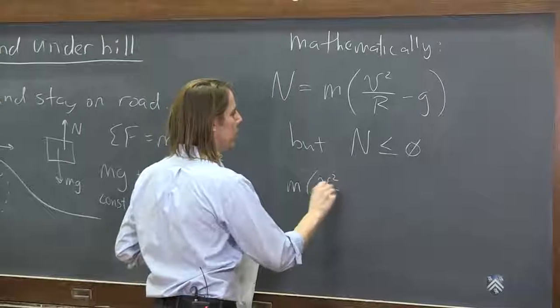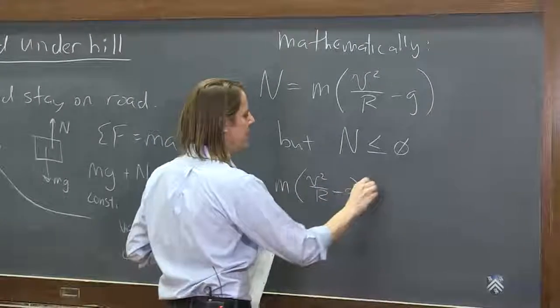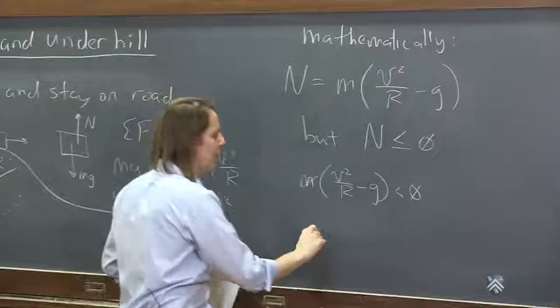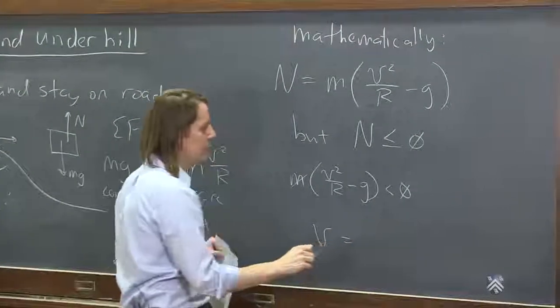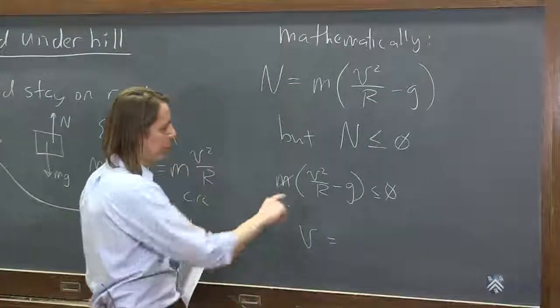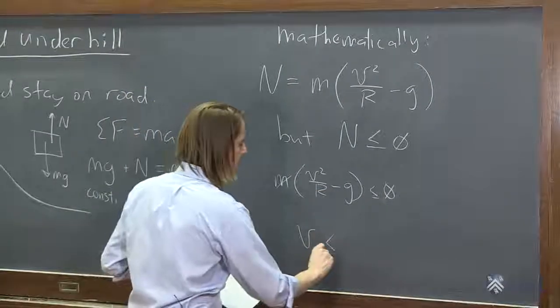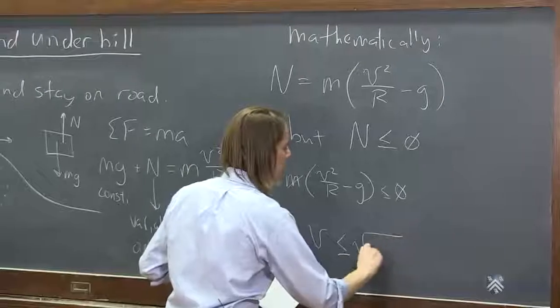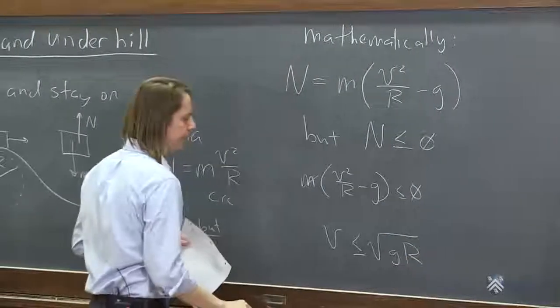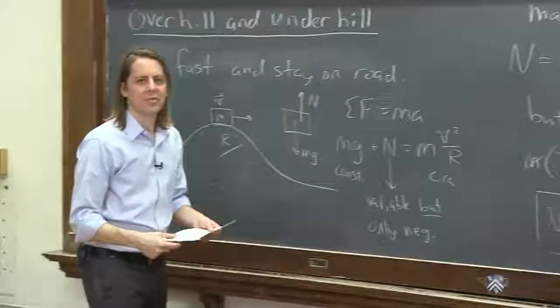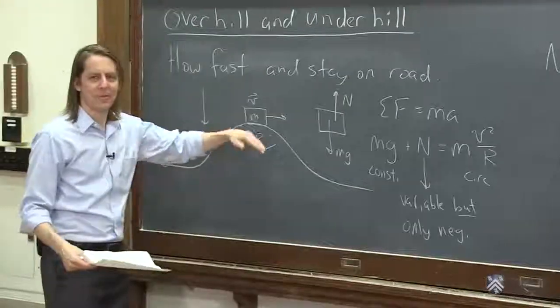m times (v squared over r minus g) must be less than or equal to 0, so the mass goes away, this goes over there, and you find that v, once I take the square root, and don't panic about the square root, must be less than or equal to the square root of gr. Okay? So that makes sense. The velocity has to be slow so you don't fly off the hill.